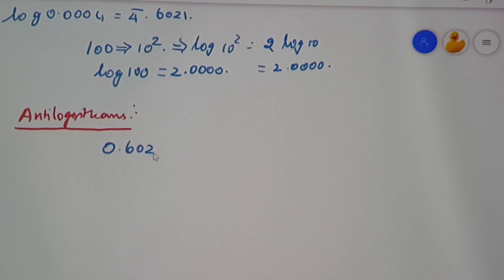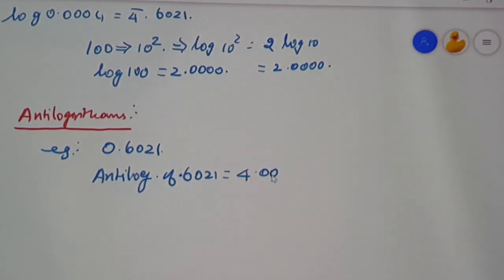So if I am taking 6021 as an example number and I want to take its anti-logarithm, anti-log of 0.6021 is equal to 4.000. This is the answer. If you want to get anti-log of 2.6021, you have to take the anti-logarithm only for the number which is after the decimal point.